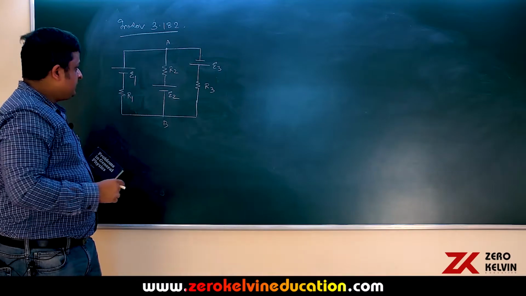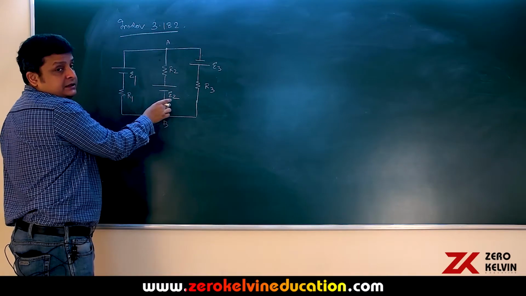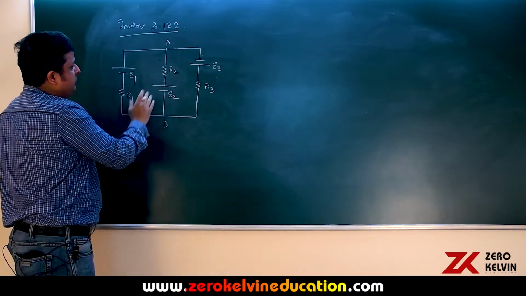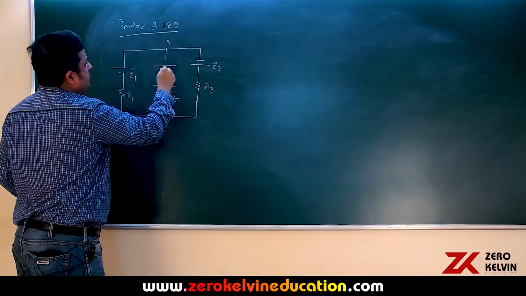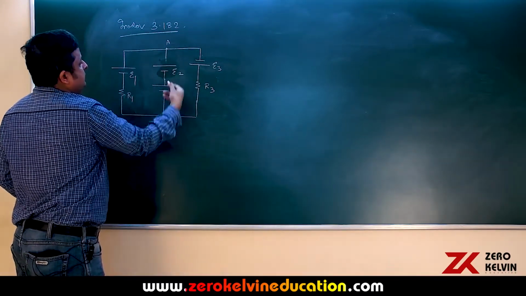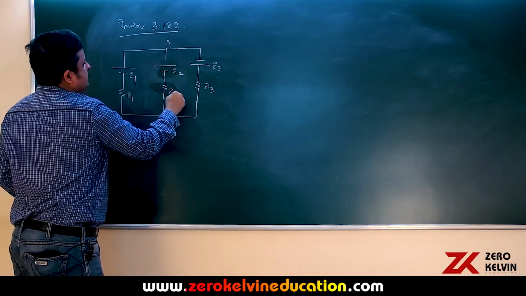First thing we can do here is that if you place the battery here and resistance below the battery, it won't change the current in the circuit. So I am going to put the battery E2 here and the resistance R2 here.